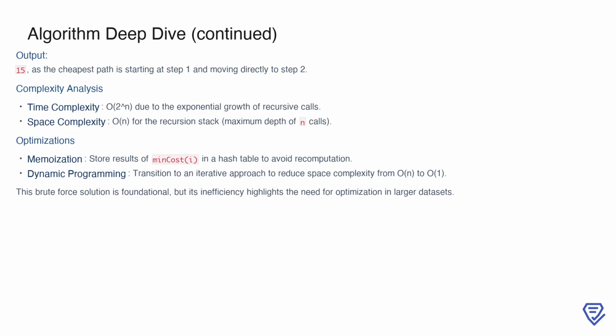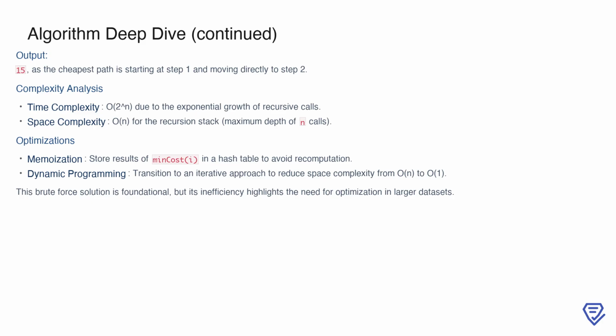Analyzing the complexity of this brute force solution, the time complexity is 2 to the power of n, due to the exponential growth of recursive calls, as each step branches into 2 more recursive calls. The space complexity, however, is n, which comes from the maximum depth of the recursion stack. To address the inefficiencies of this approach, we can apply optimizations.